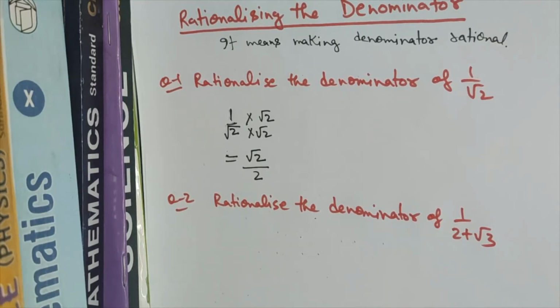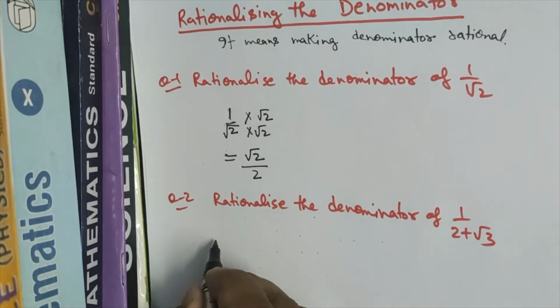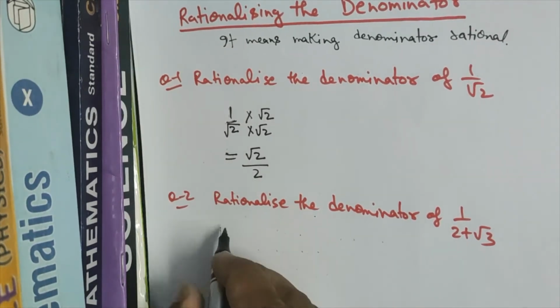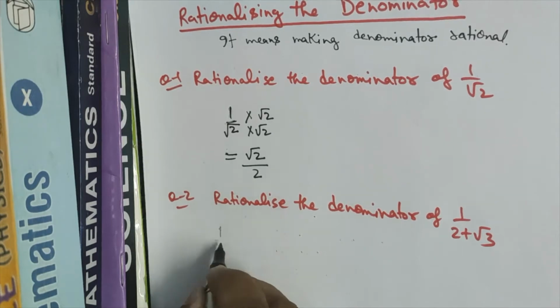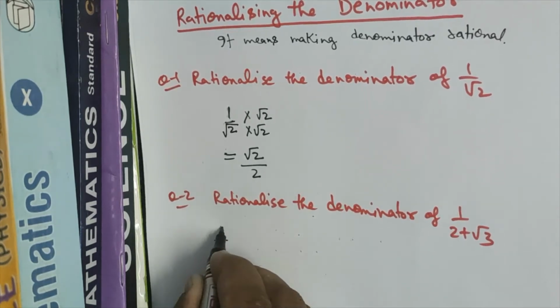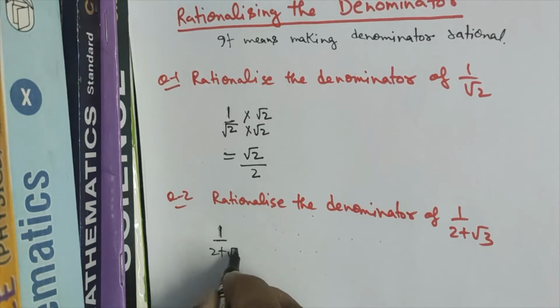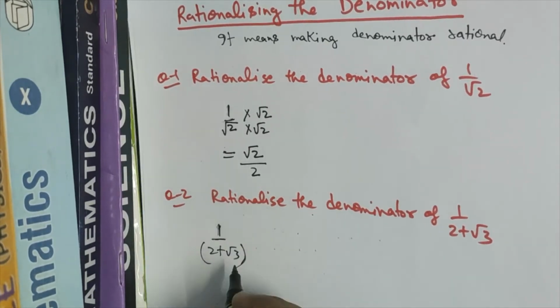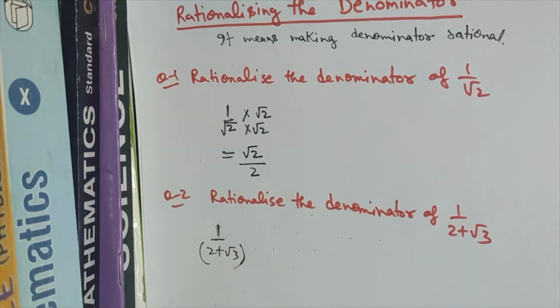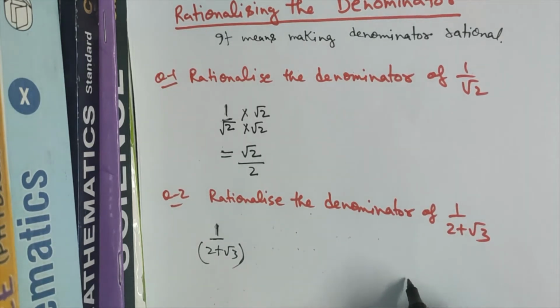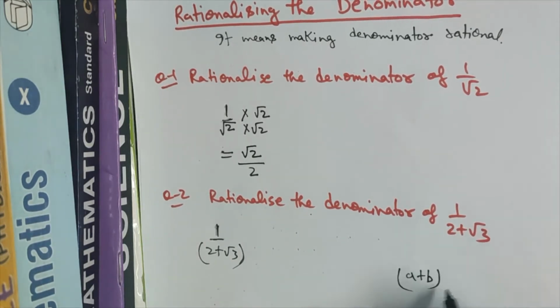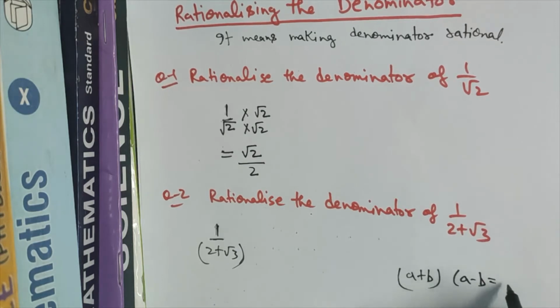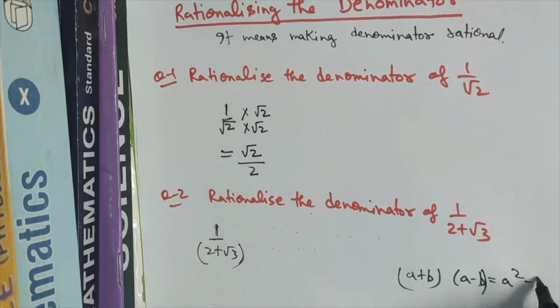Rationalize the denominator of 1 upon 2 plus root 3. So this is the number 1 upon 2 plus root 3. In order to rationalize this, we know the property that (a plus b) into (a minus b) equals a square minus b square.